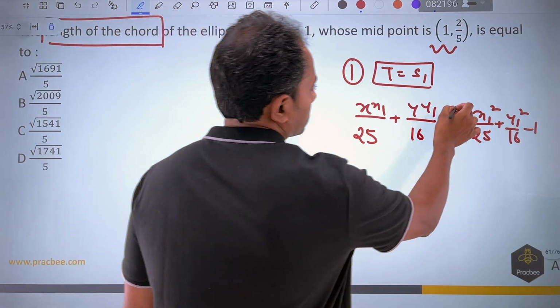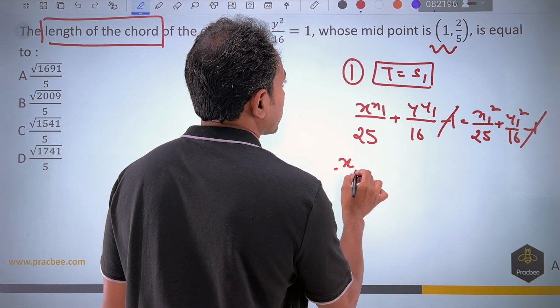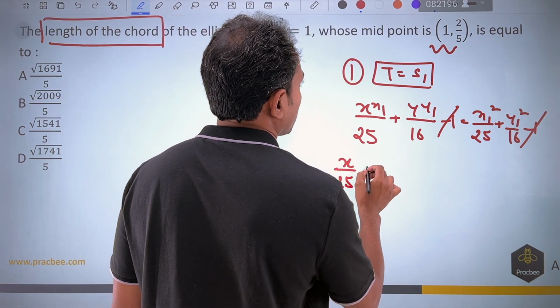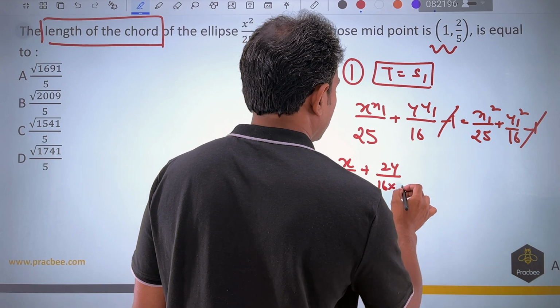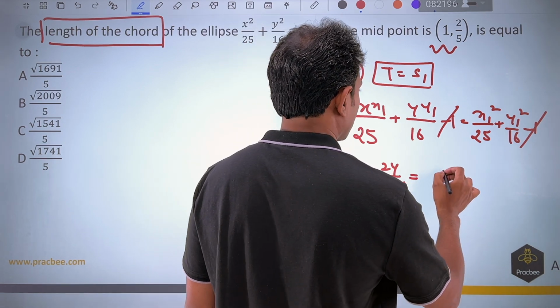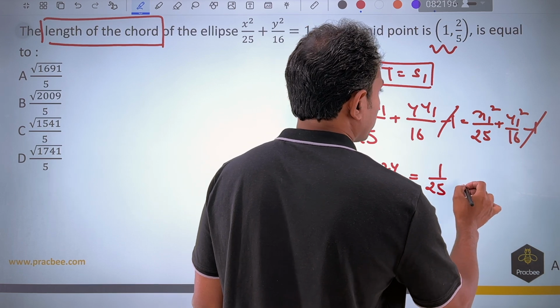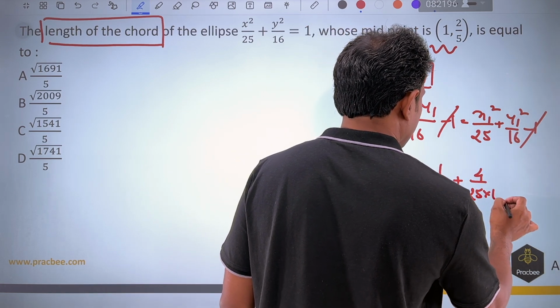If I simplify this, 1 will get cancelled out. Putting the values, this becomes x by 25 plus 2y by 16 into 5 is equal to 1 by 25 plus 4 by 25 into 16.